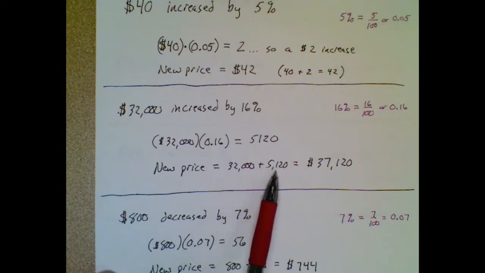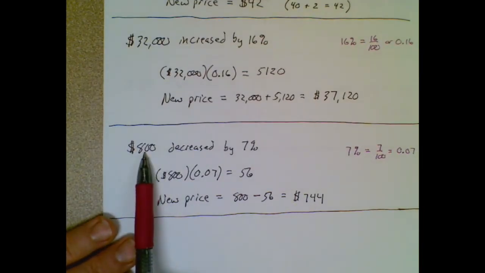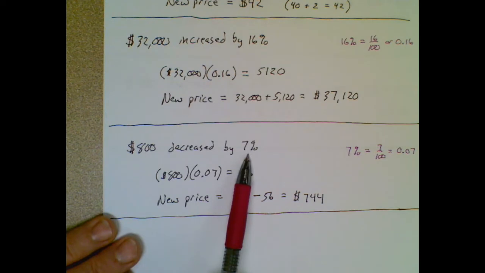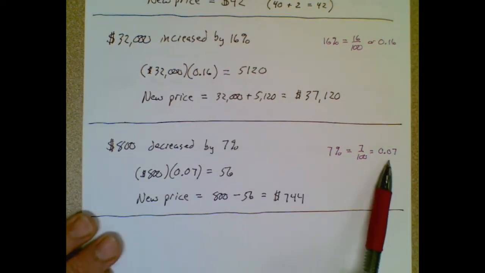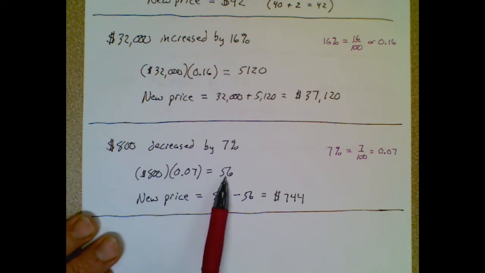Original price plus raise in price, new price. Or you could have a decrease. $800 decreased by 7%, which is 0.07 as a decimal. Multiply the 800 by the decimal, you get a $56 decrease. 800 minus 56 is 744.